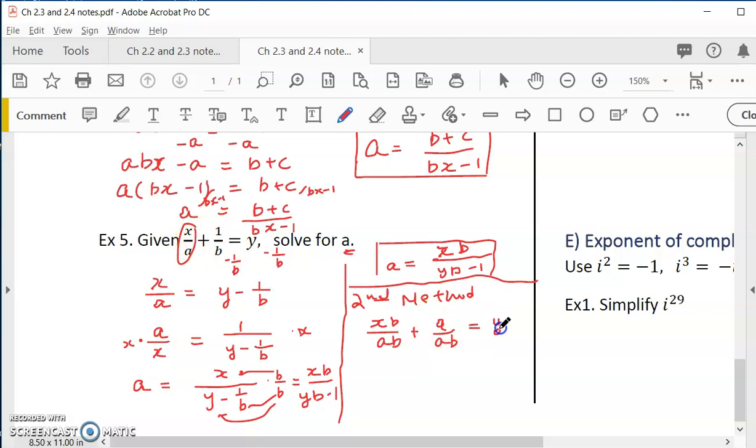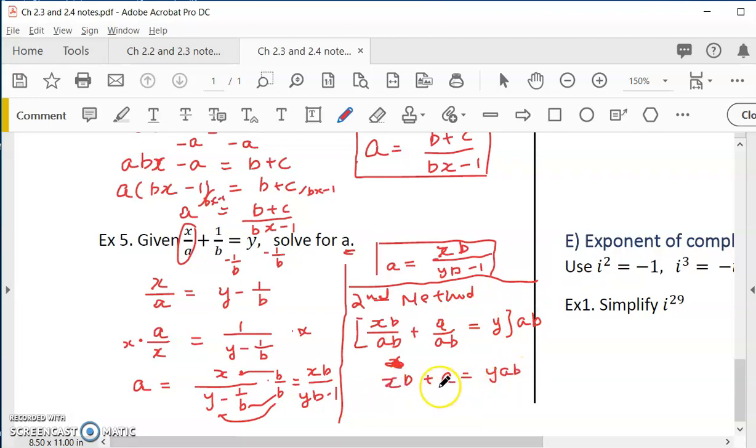It's equal to y. And then I would add them, or I would multiply both sides by ab. So I have xb plus a equal to yab. After I do that, I multiply by ab to clear fractions. You see, one of the steps is to clear fractions.